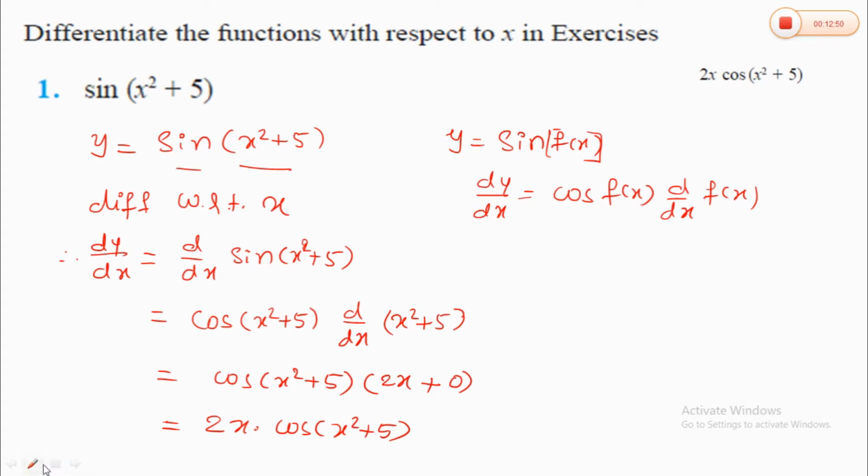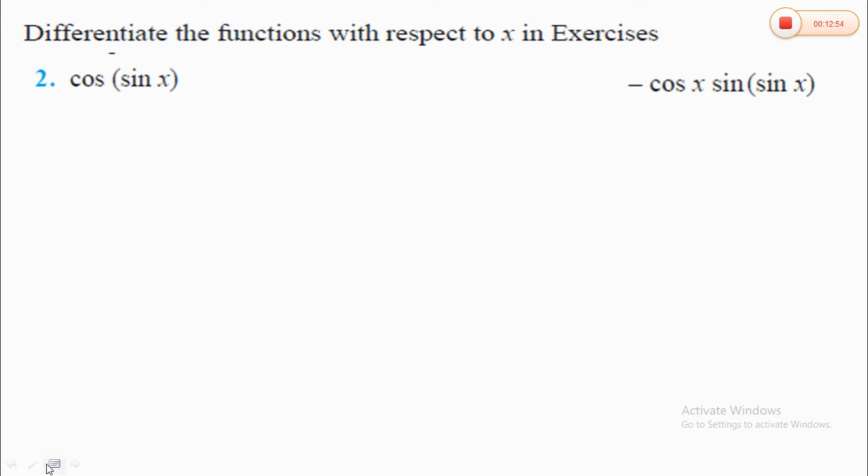So next one: cos of sin x. First write y equals cos of sin x. It is also of the form y equals cos f(x), where f(x) is sin x.